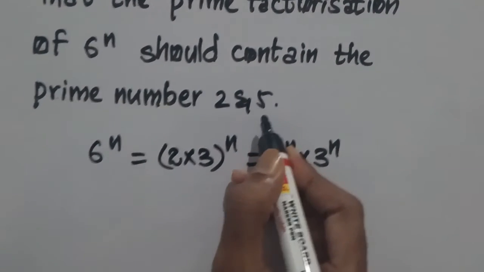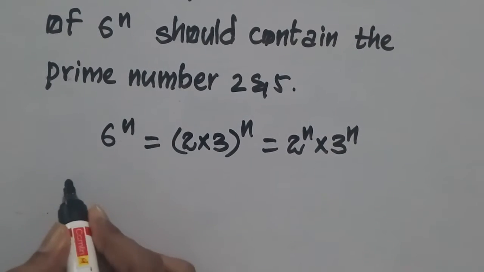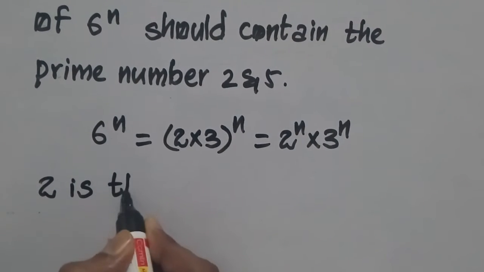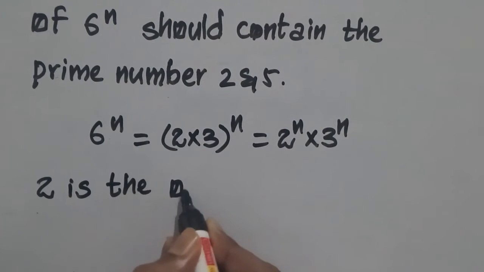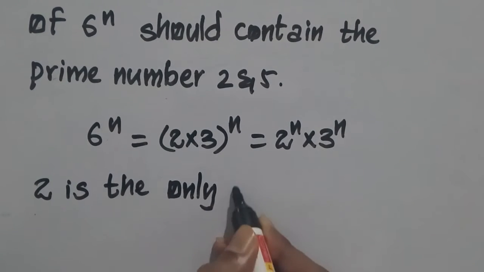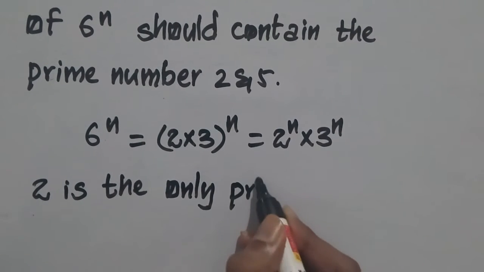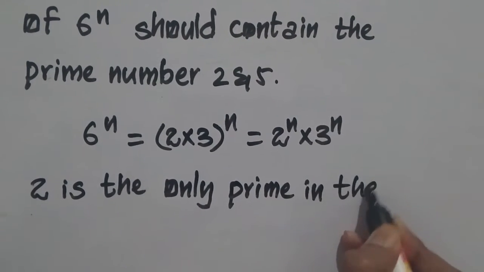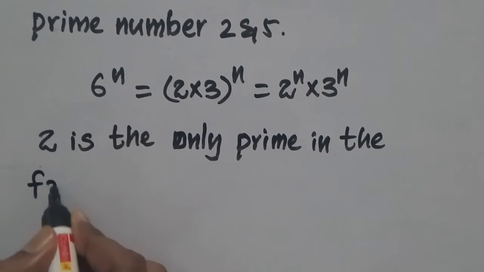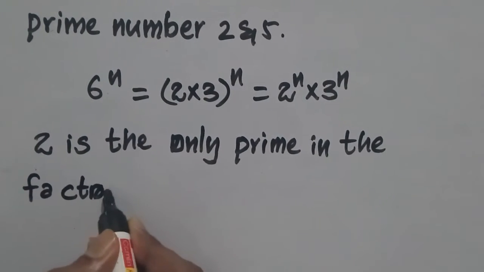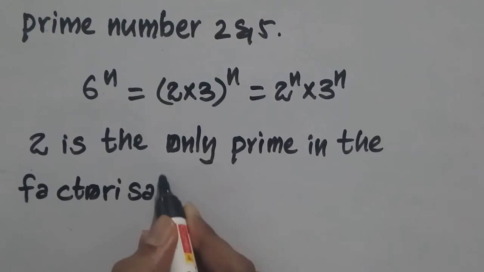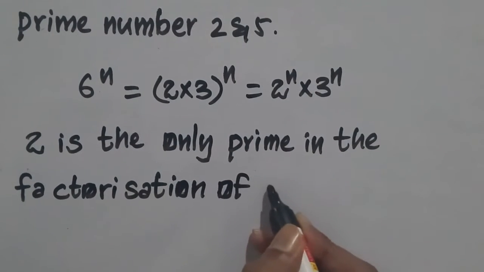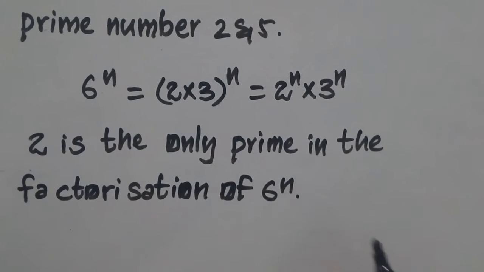See here, 2 is the only prime in the factorization of 6 to the power of n. 5 is not there. Okay, so we'll write the step. 2 is the only prime in the factorization of 6 to the power of n.